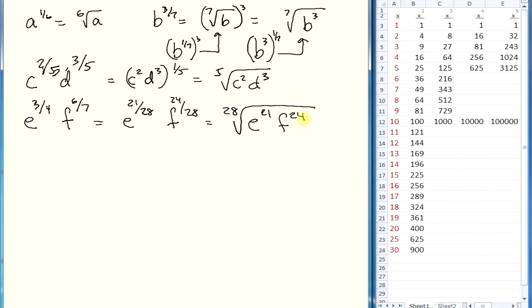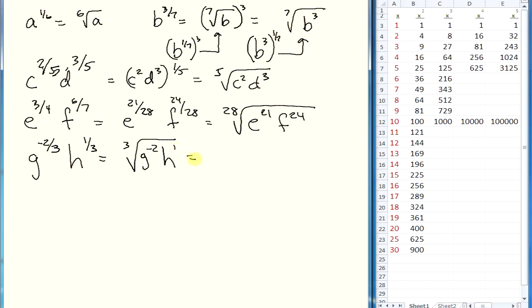Finally, if you start getting into negative exponents, for example, you have G, let's say, to the negative 2/3, and you have H raised to the positive 1/3, you could look at it as the cube root of G to the negative 2, H to the 1st, and honestly I would never even write the H raised to the 1.